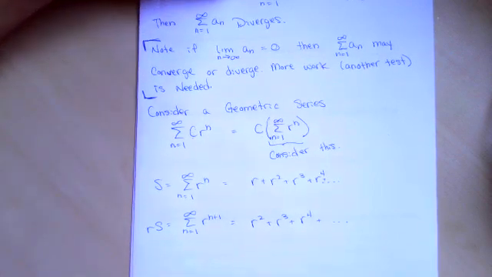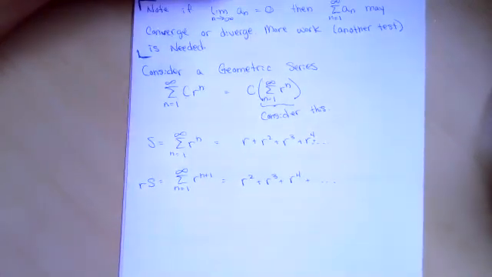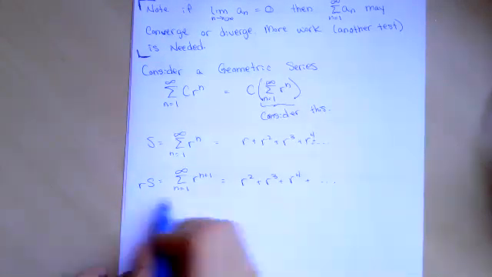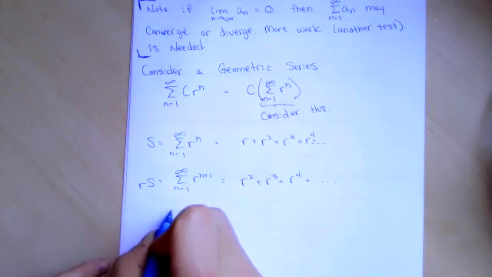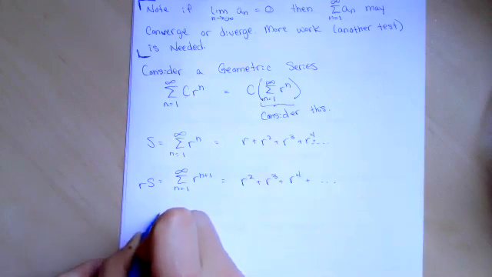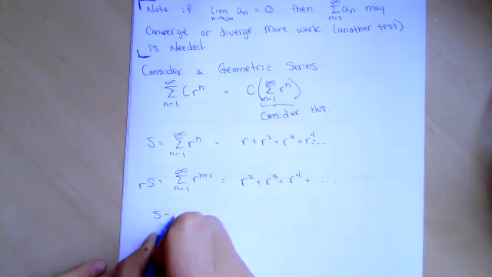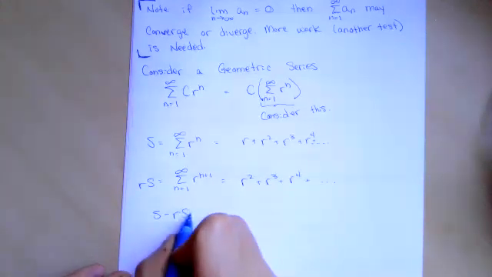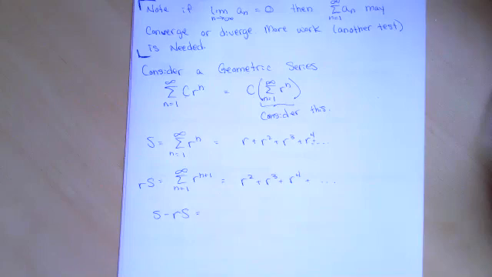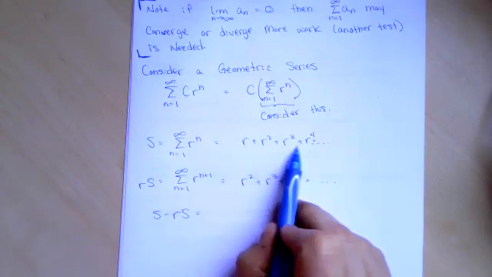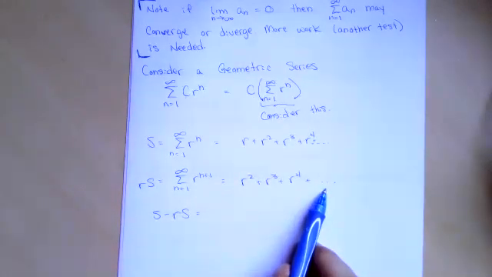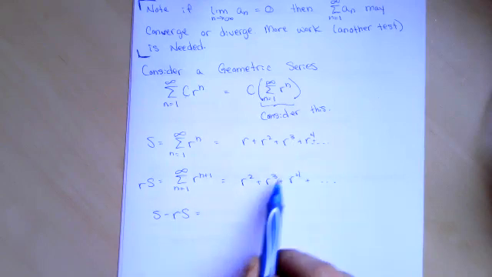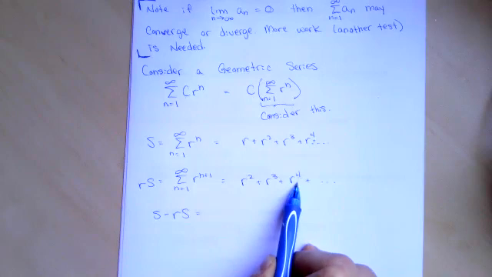And through the magic of infinity, what's going to happen is if we take, let's say, S minus rS, what do we have left? So I'm taking this guy minus this guy. Well, I'll have r squared minus r squared, r cubed minus r cubed, r to the fourth minus r to the fourth.